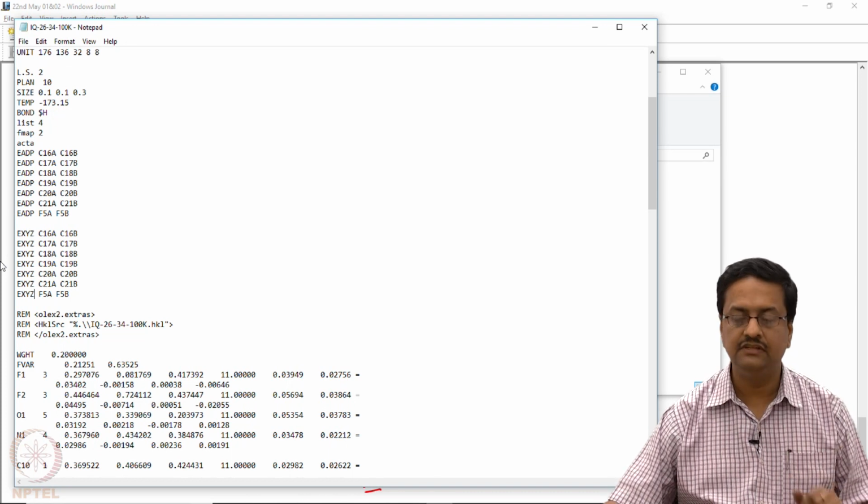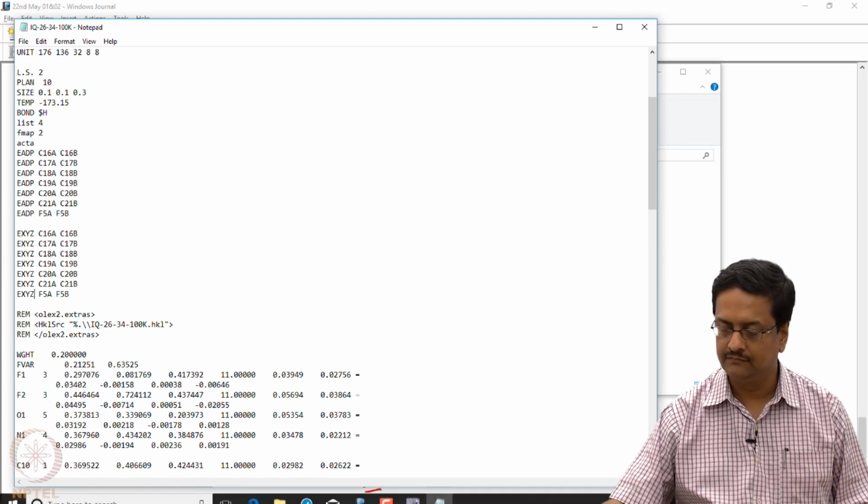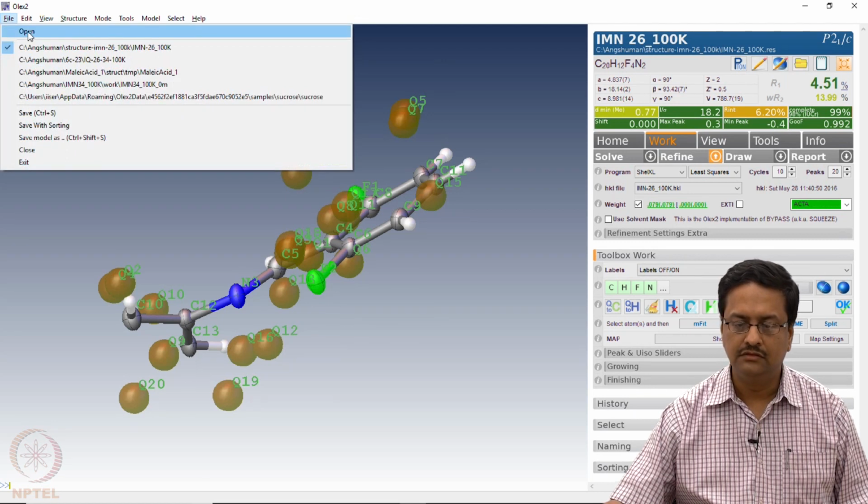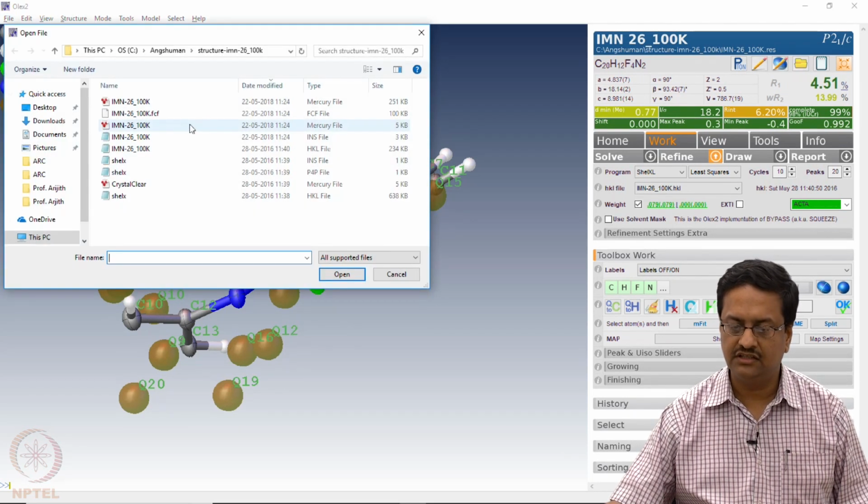And save this RES file. And now we go back to our structure solution and select the RES file that we have just now modified.